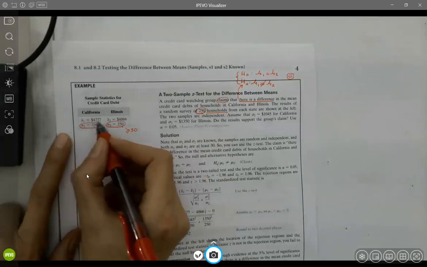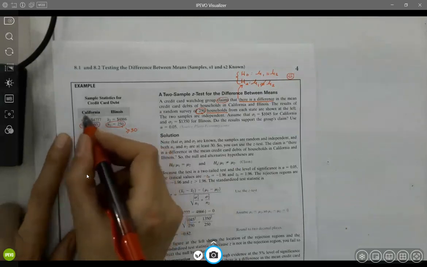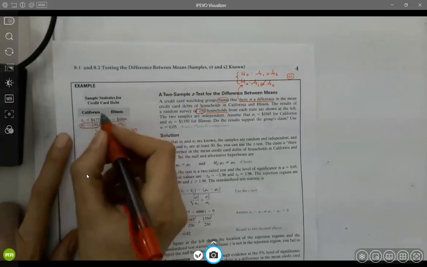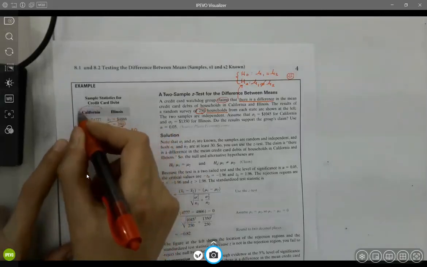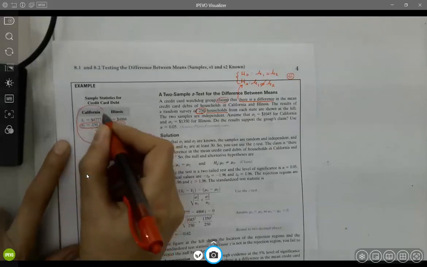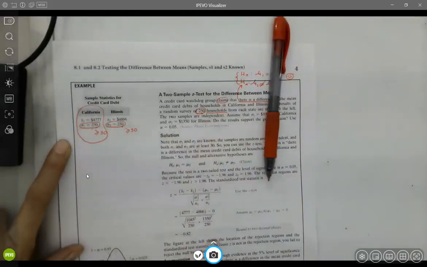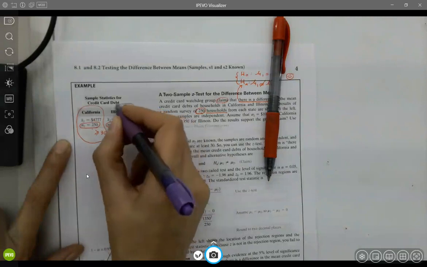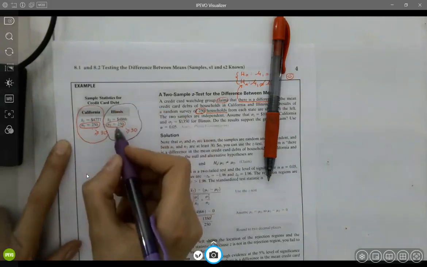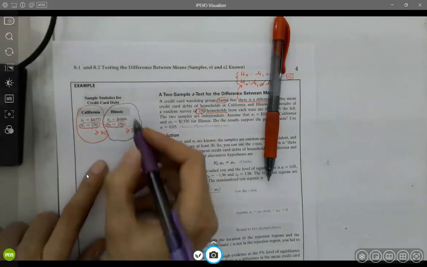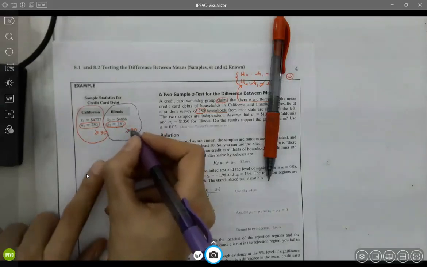So it's the mean of the first sample from the first population. So this is our first population. And this is our second population with the exact same sample size, 250, greater than or equal to 30.